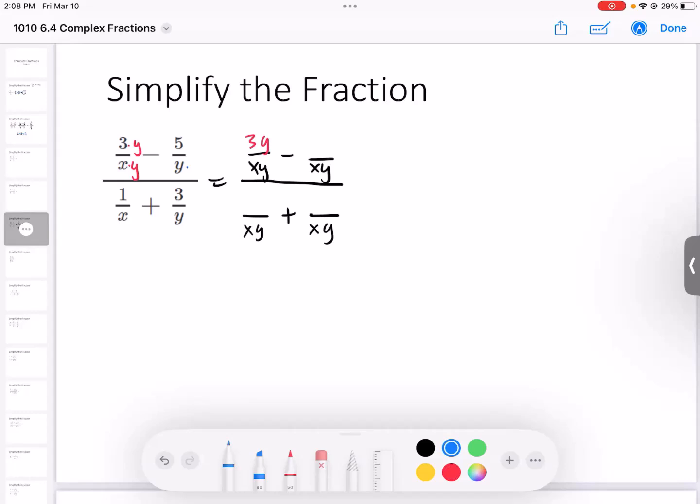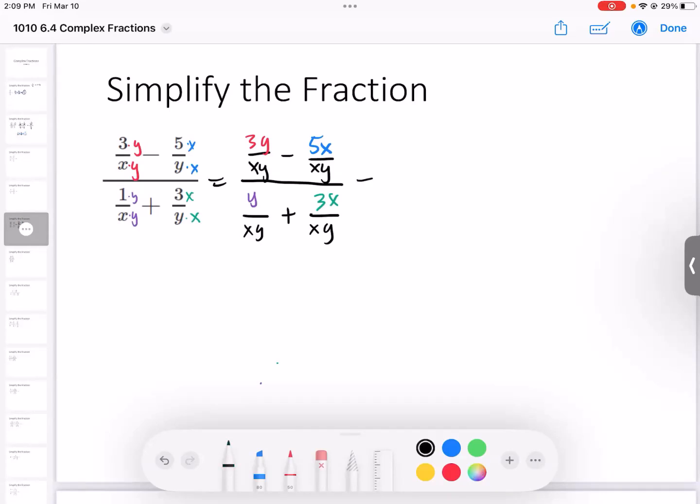For the next one, I need to multiply by X, so I get 5X. And for 1 over X, I need to multiply by Y, so that gives me Y. And for this last one, I need to multiply by X, so that gives me 3X. Everybody good with that up to that point?